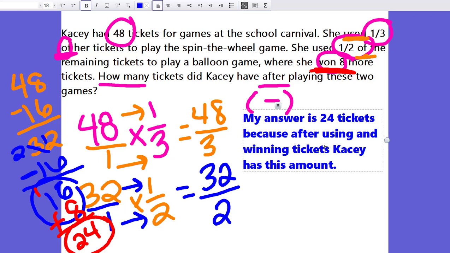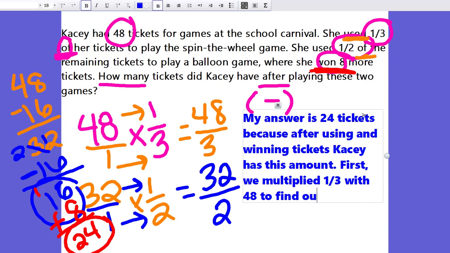For this one, we did a whole lot of steps. So let's go ahead and talk about those. First, we multiplied 1/3 with 48 to find out she used 16.